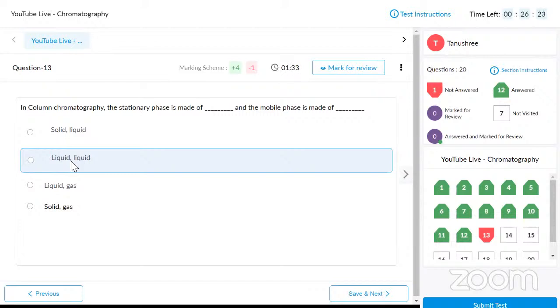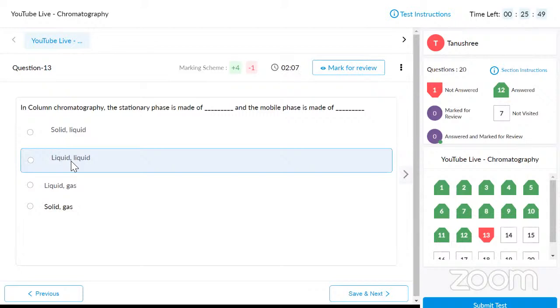Option D, it cannot be solid and gas because there cannot be equilibration again in column chromatography between a solid and gas. क्योंकि column में अगर तुम gaseous mobile phase incorporate करोगे, so the gaseous mobile phase will not be properly equilibrated in the column, because why? The stationary phase is packed with a solid substance, so it cannot be a solid gas. क्योंकि column chromatography में if you are having a solid stationary phase, you will require the flow of a mobile phase to carry the sample.